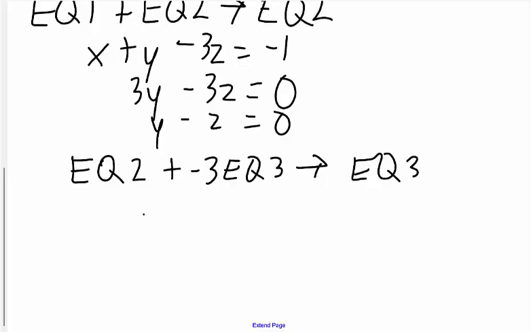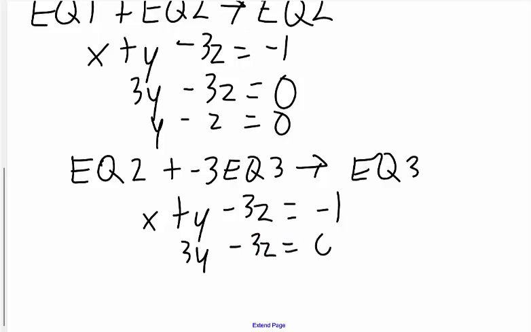So our first equation, x plus y minus 3z equals -1. Our second equation, 3y minus 3z equals 0. And our third equation, well, let's see here.